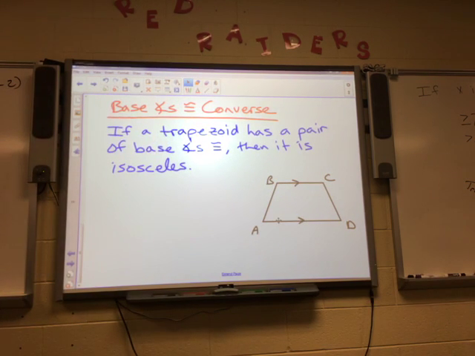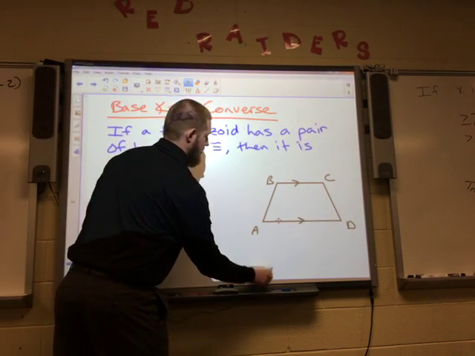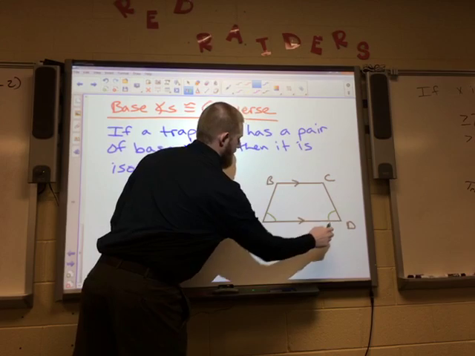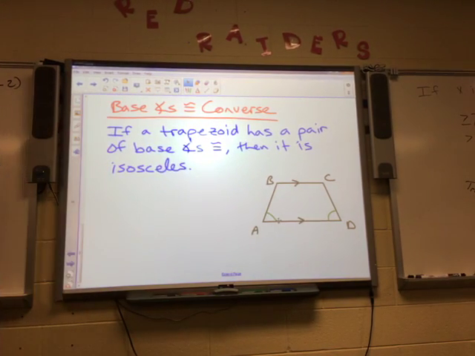Notice it says a pair, right? So do both pairs have to be congruent to be isosceles? No, and I'll explain that here in a second as to why that's the case. Now, so that would mean like that angle is congruent to that angle, right? And then it has to be isosceles.